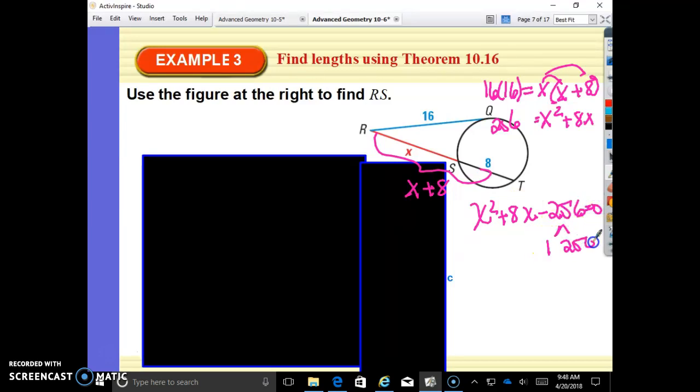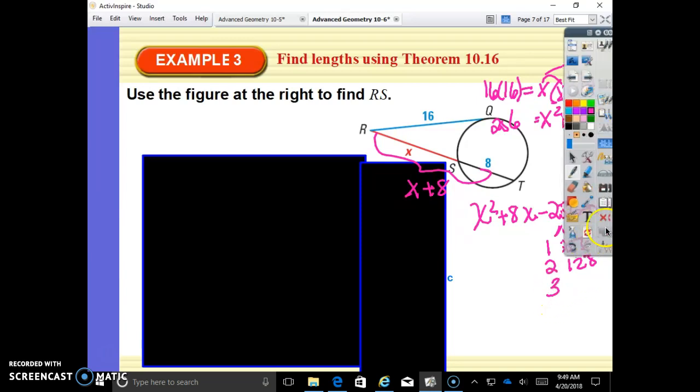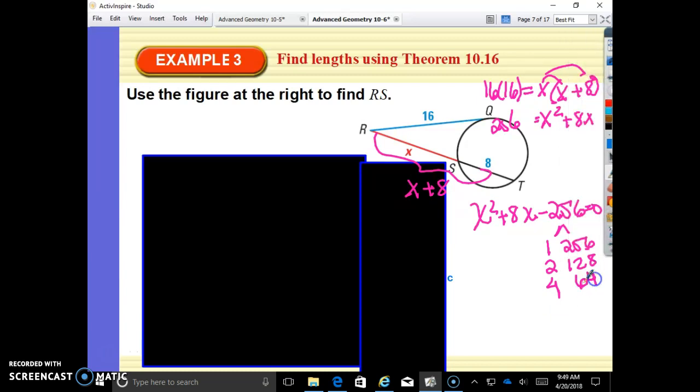1 times 256. 2 times what? 128? 3? Does 3 work? No? 4. 4 and 64. 5. Nope, it doesn't end in a 5. 6. No. 7.